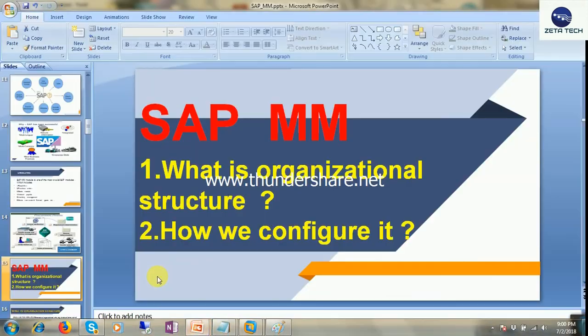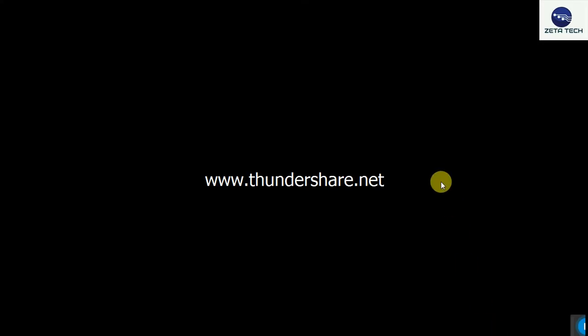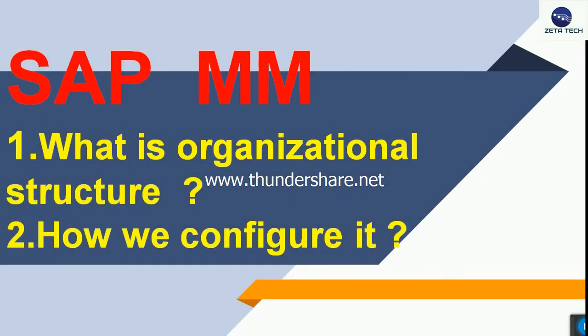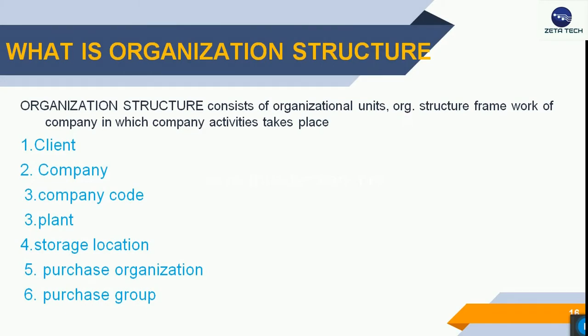If you go to the slides and go to the next slide: what is organization structure? An organization structure consists of organization units, a structural framework of the company in which company activities happen. Each and every activity going on in your company, these units are responsible for it.